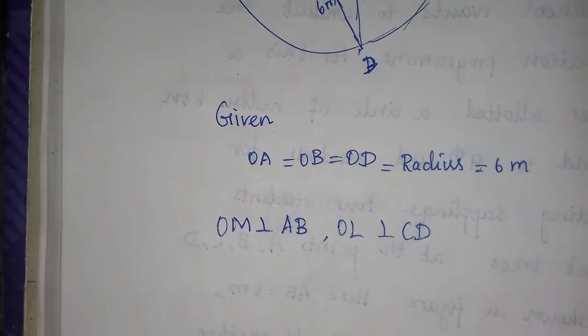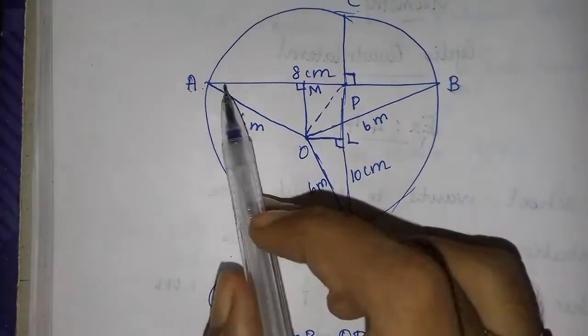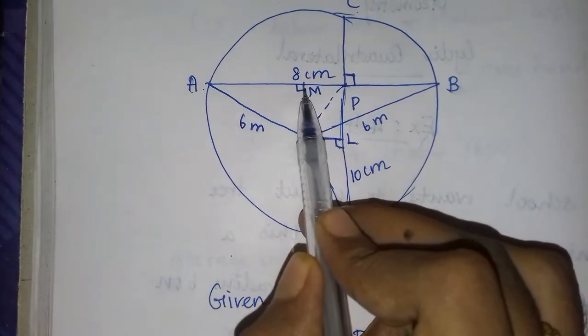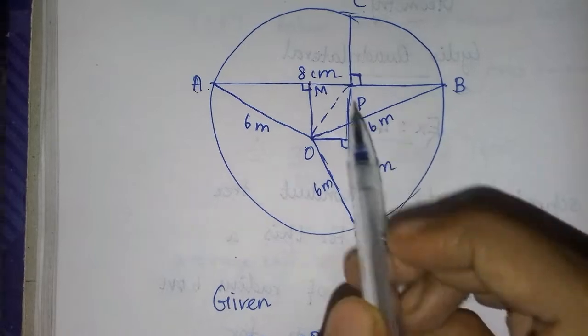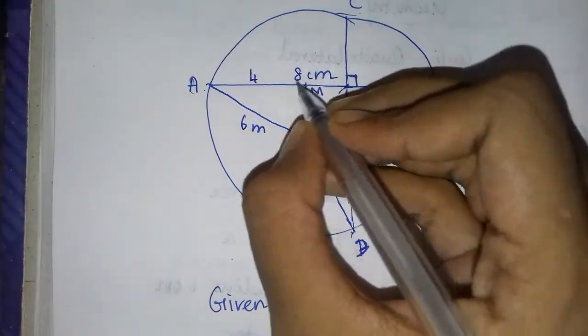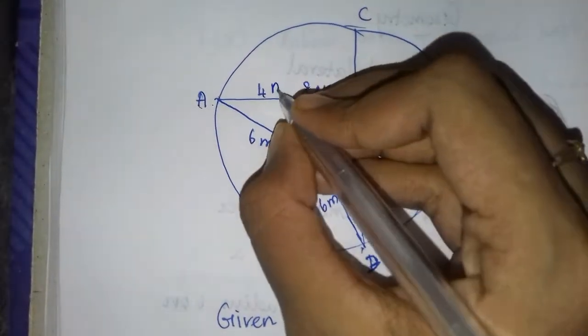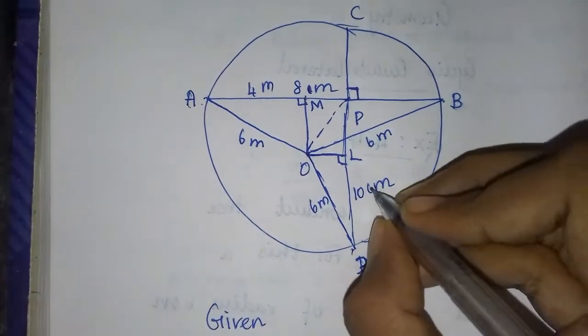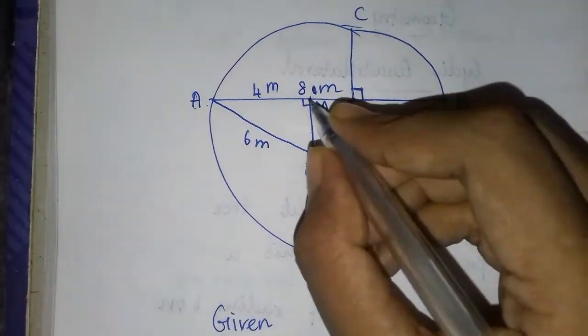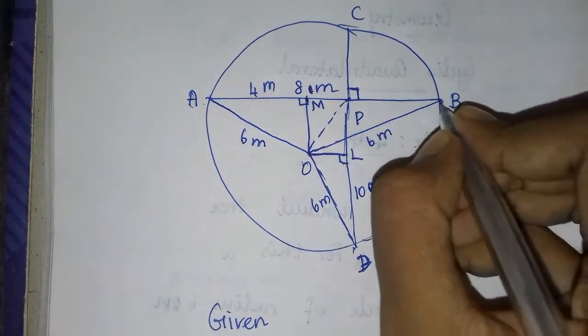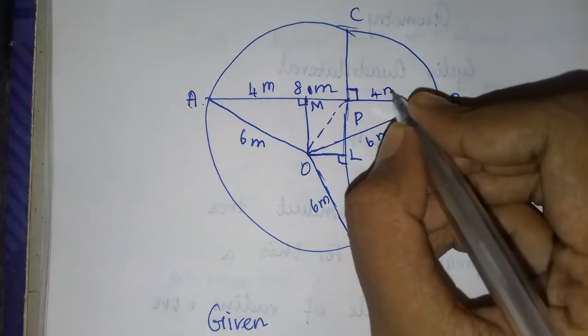So by this, what are we going to do? We can find the AM value and the MB value. This is 4 meter, and MB is also 4 meter.